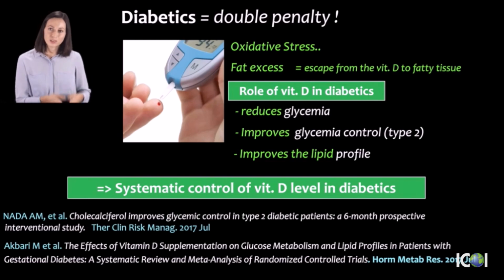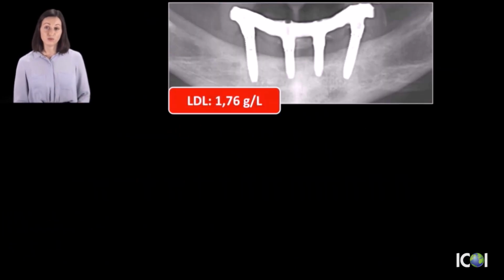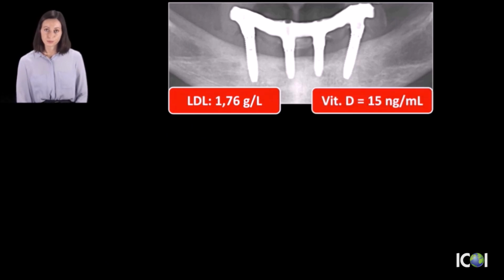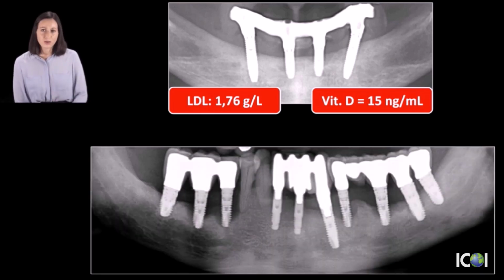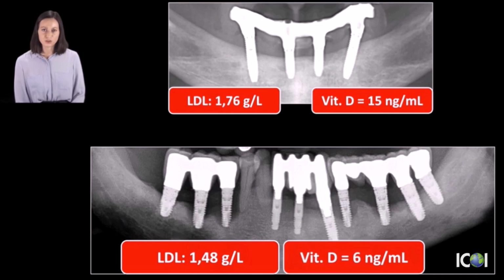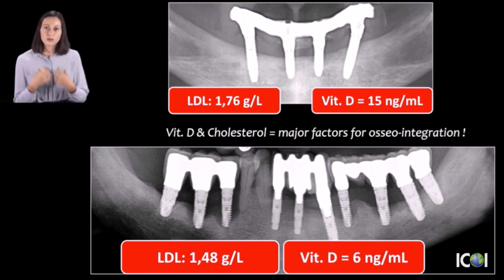Once again, we have to systematically test them and monitor them for vitamin D before surgery. And when we have those types of failures, it is no surprise to find hypercholesterolemia and vitamin D deficiency, because the body doesn't function normally. Vitamin D and cholesterol are major risk factors for osseointegration.